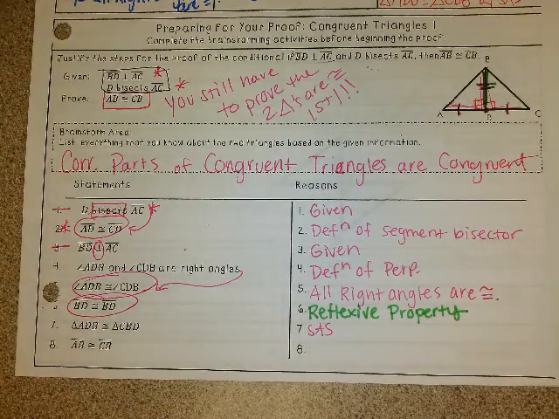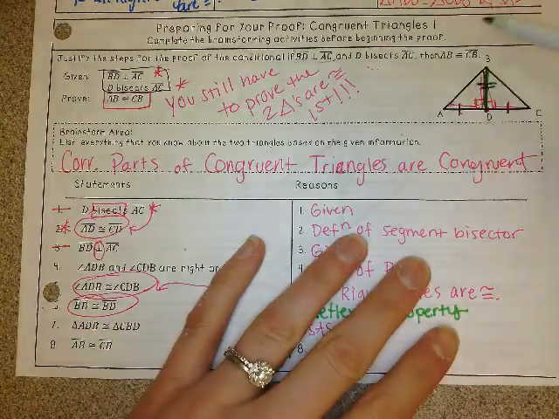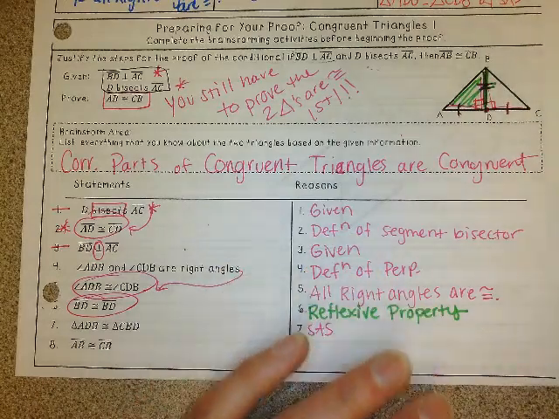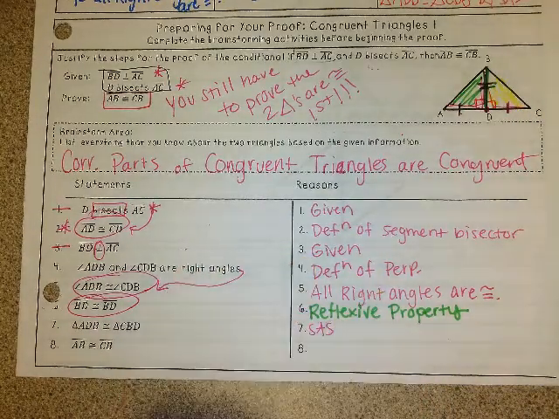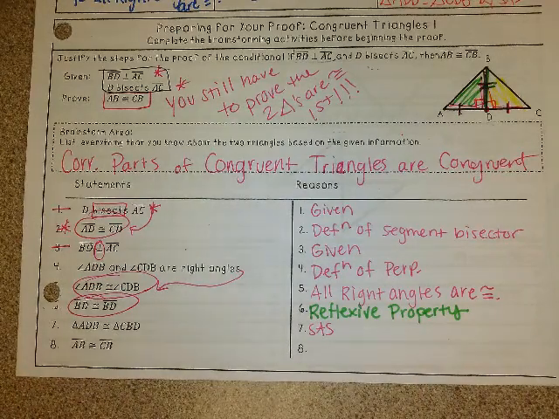Since we showed that these two triangles are congruent to each other, then I can say that any of their corresponding parts are also congruent.